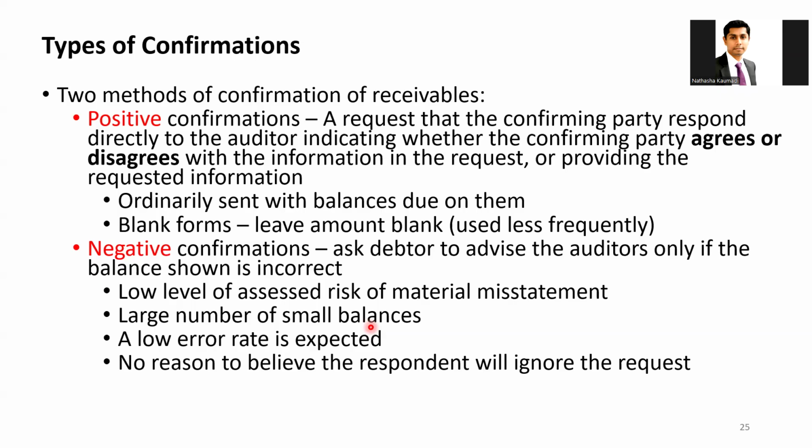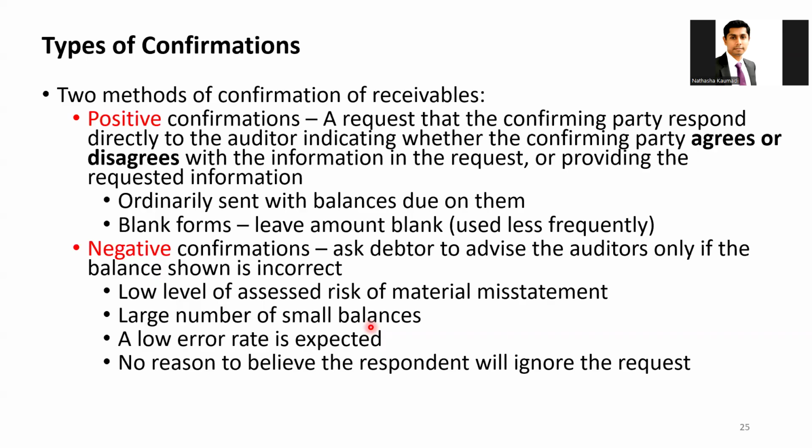But even if they don't agree with the amount, they will definitely reply to us, definitely call us. If that is the scenario, you can obviously go with negative confirmations. No reason to believe that the respondent will ignore the request. If there's no reason to believe that your debtor will ignore the request, then you can obviously go ahead with negative confirmations.